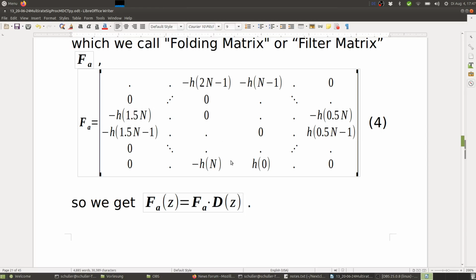Because FA of z can be written as this FA without a z times D of z, which multiplies the left-hand part of this matrix with z to the minus 1. Now this is fairly easy. We just have 2n entries, all real valued, and we can easily invert this matrix. We just need to type it into Python, for instance, and then invert it, and then we're done.